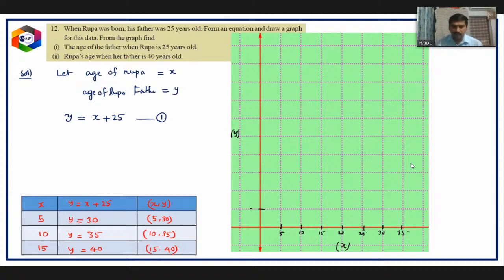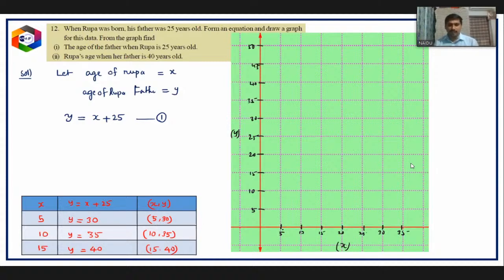Similarly on the y-axis also: 5, 10, 15, 20, 25, 30, 35, 40, 45, and 50. Now let us plot the points.